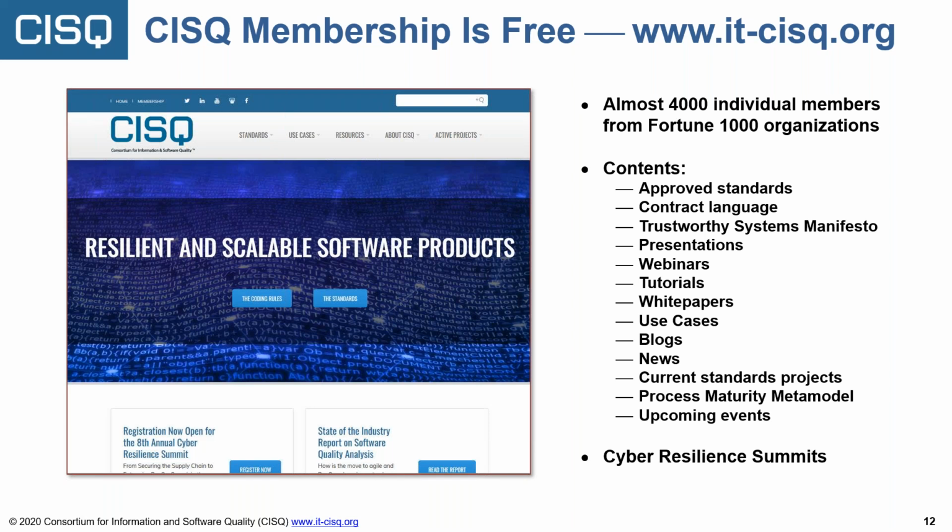And we also have all the presentations for all the cybersecurity or cyber resilience summits that we've conducted over the last 6 or 7 years. These are typically senior industry people or senior government people talking about the actions they're taking to try to improve the reliability, security, and dependability of software. We have tutorials, white papers. You can contribute to blogs. So there's a lot of things there.